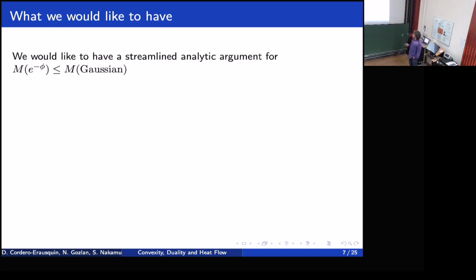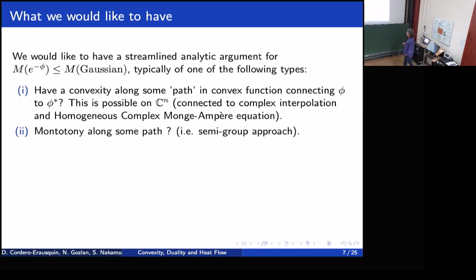Okay, so what I would like, you see, in the geometric case, we saw that there is this process of Steiner symmetrization that increases the volume product, and I would like to have something a bit similar in the functional case. So what does it mean? There are two typical things I would like to have.